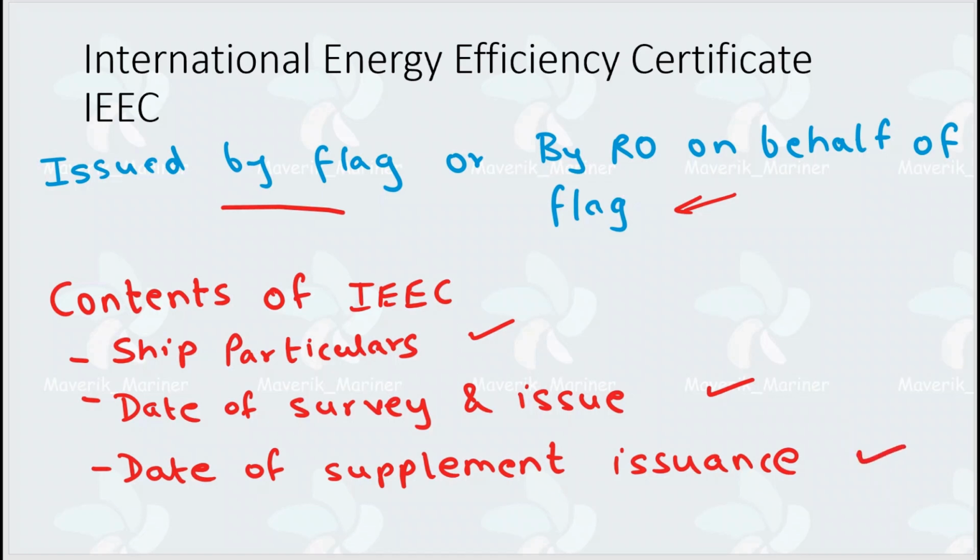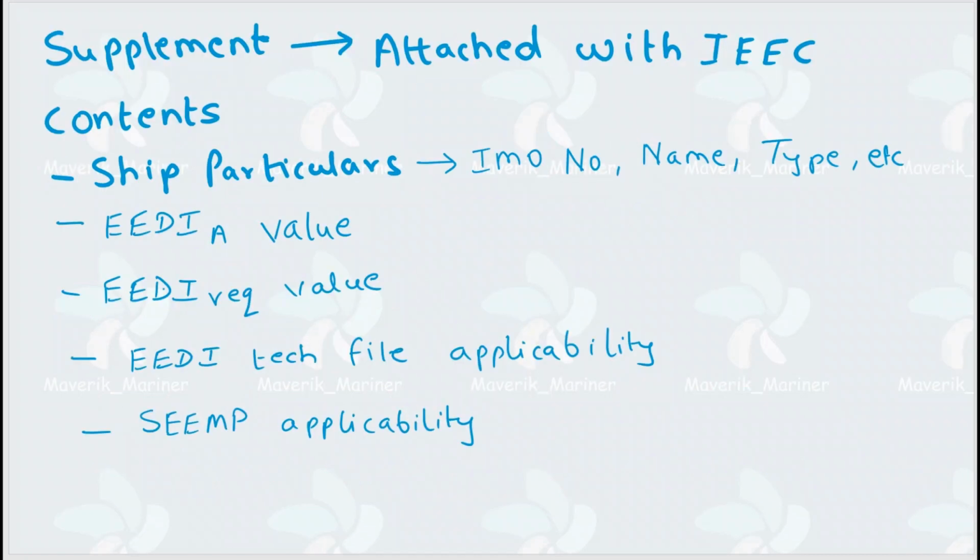A supplement is attached with the IEEC certificate, and its contents are as follows. It will have ship particulars, namely IMO number, name, where it is registered, type of the ship. Type of the ship is important because it is an important part in EEDI calculations.